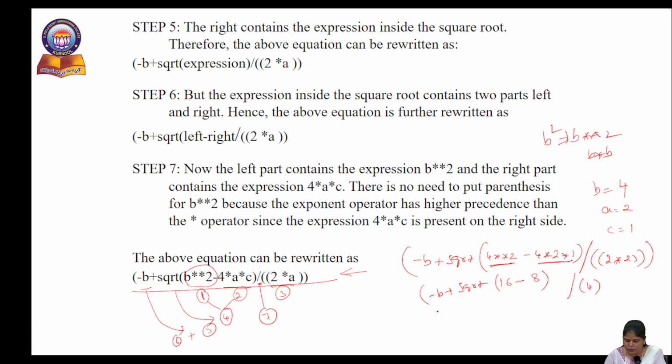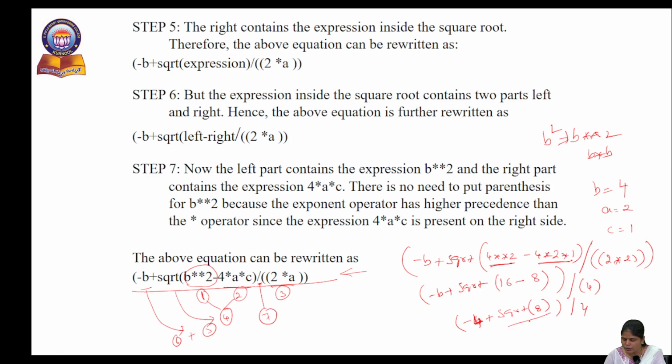So here it will be minus b plus square root of 16 minus 8, by 4. Now I got minus 4 plus square root of 8, by 4, right?